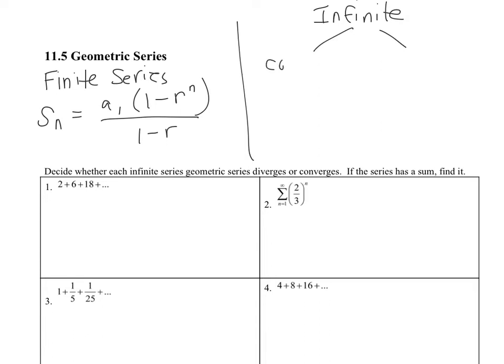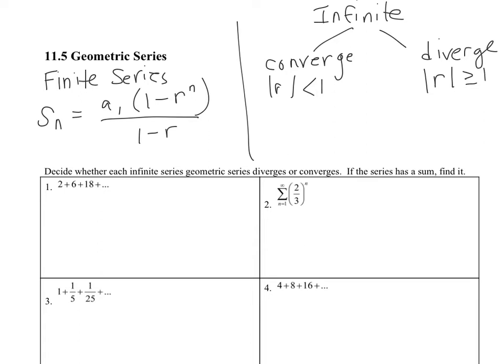So I'm going to have a converging situation where there's actually an answer, or a diverging one. To converge means that the absolute value of r, the common ratio, is less than 1. And if it diverges, the absolute value of r is greater than or equal to 1.